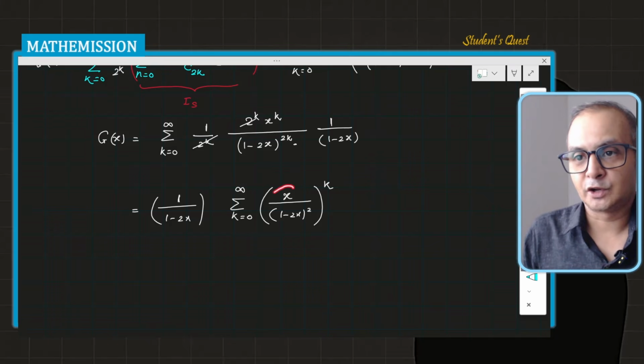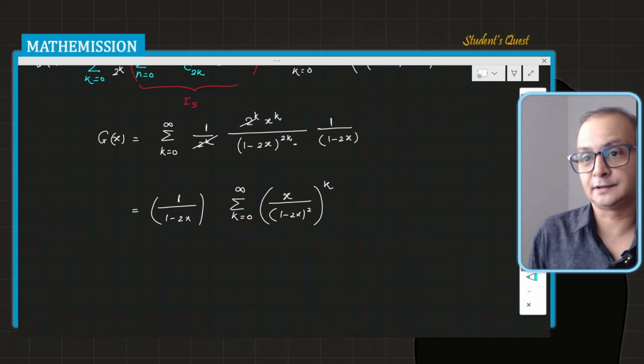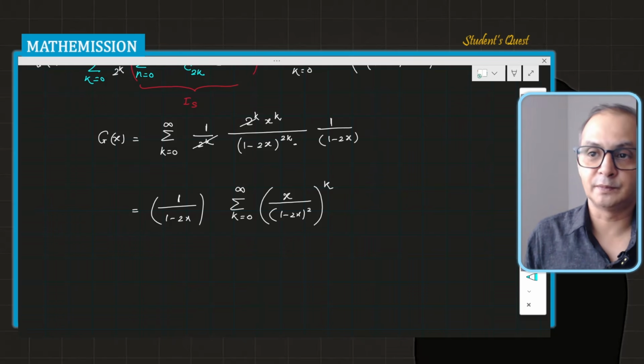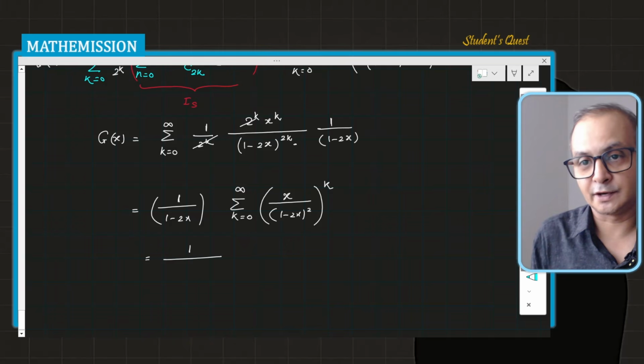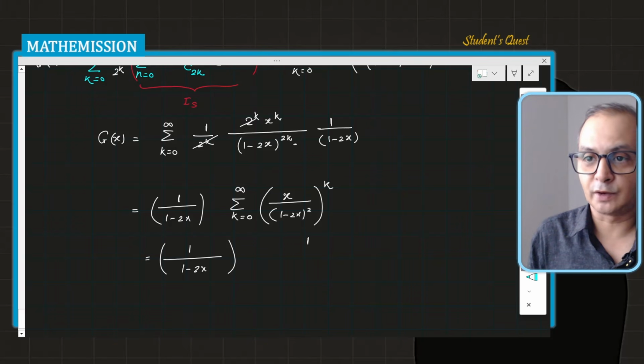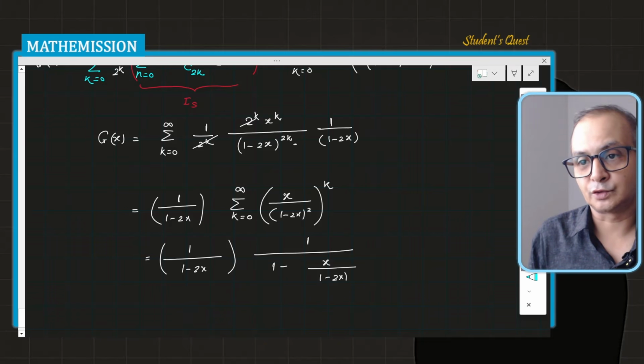Why? Because you are writing this term infinite number of times with multiples of k. So k equal to 0 is the first term, which is 1, the second term will be the square of it, the third term will be the power 3 of it, and so on. So this is the summation I'm going to write, and the first term is 1 and the sum is 1 by 1 minus r. So r is going to be (x by (1 minus 2x))^2.